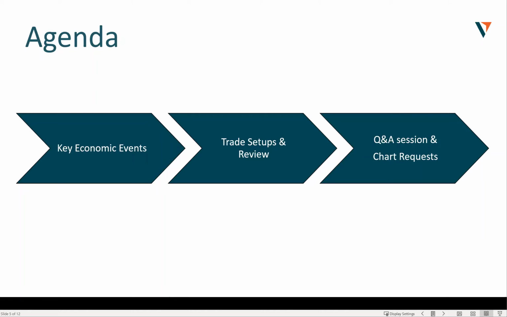Let's take a look at the economic calendar for a start. Usually I alternate between the Vantage Markets economic calendar or Forex Factory, so either or. In this case, let me bring up Forex Factory's economic calendar.